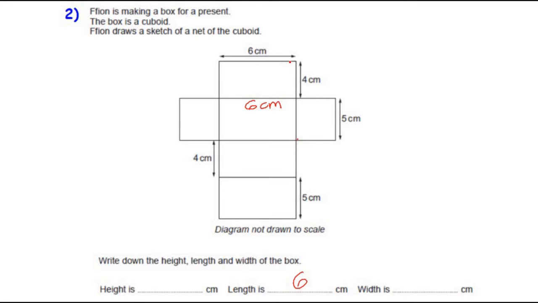And this rectangle is at the back of the cuboid, so that's going to fold up. So if it's folding up, that would mean that it's 4 centimeters high. And with this side folding up as well, you can imagine the cuboid going back 5, so it has a width of 5 centimeters as well.